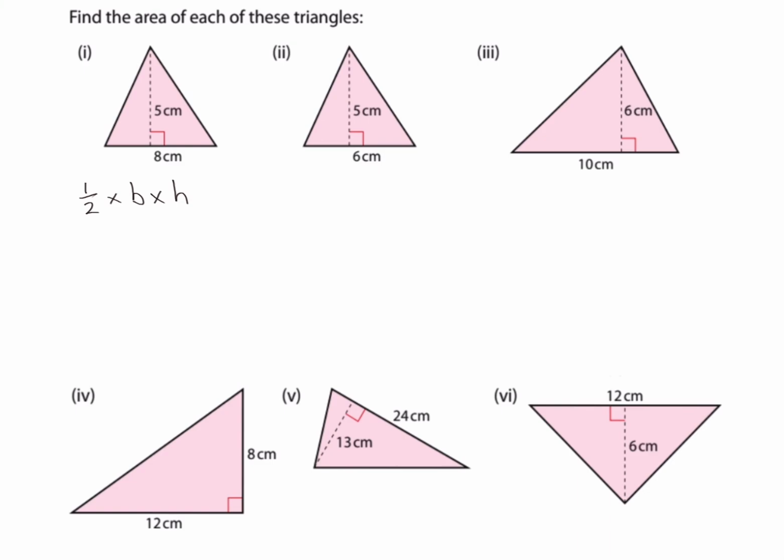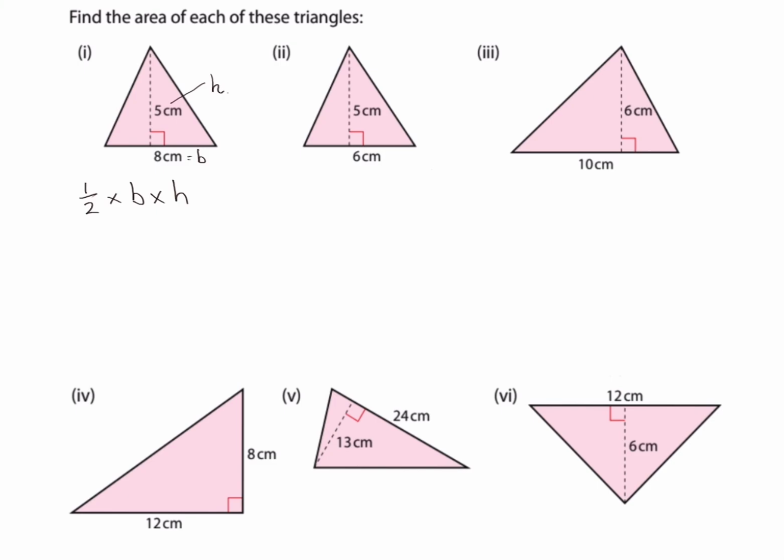So if we look at question number 1, the base is the bottom of the triangle, okay? So here we know that the base is 8 centimeters. It's the bottom of the triangle. This is the base. And the height is shown here. The height is 5 centimeters. If you look at all these triangles, you're given in each of the triangles what the base is and what the height is.